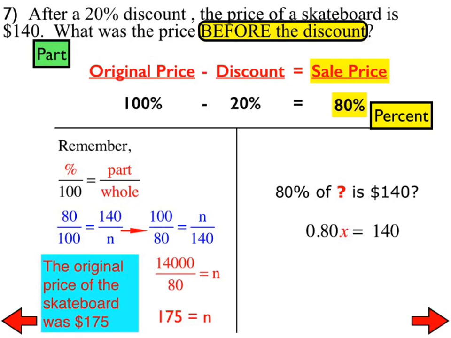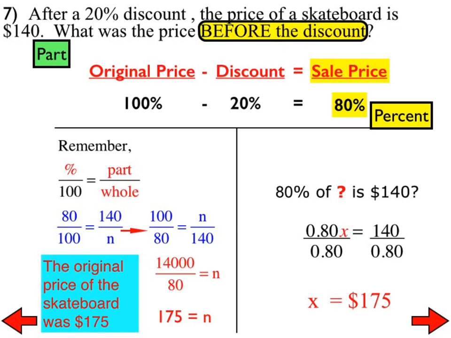Because in all the other problems today, we were finding this by multiplying these two things together. But now, it's this price that we're trying to find. So at this point, we take this one-step equation, divide both sides by 0.80, and 140 divided by 0.80 is $175. So if you wanted to do it in one step, it would be like that.